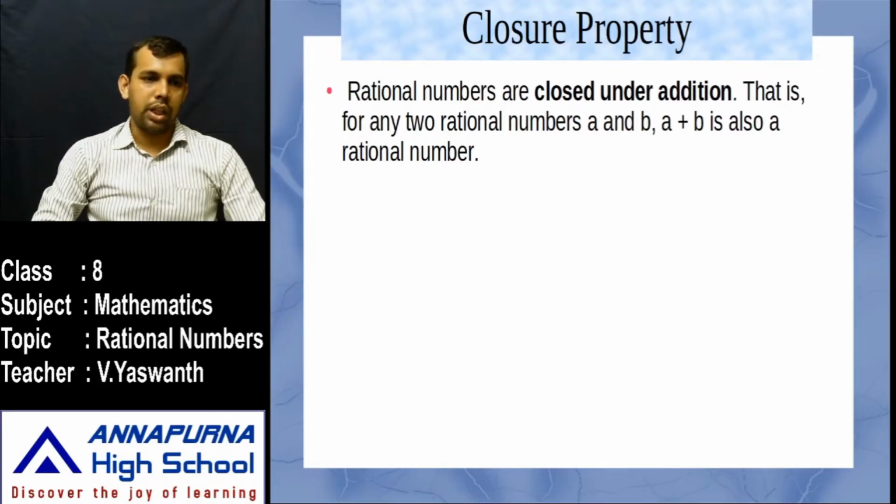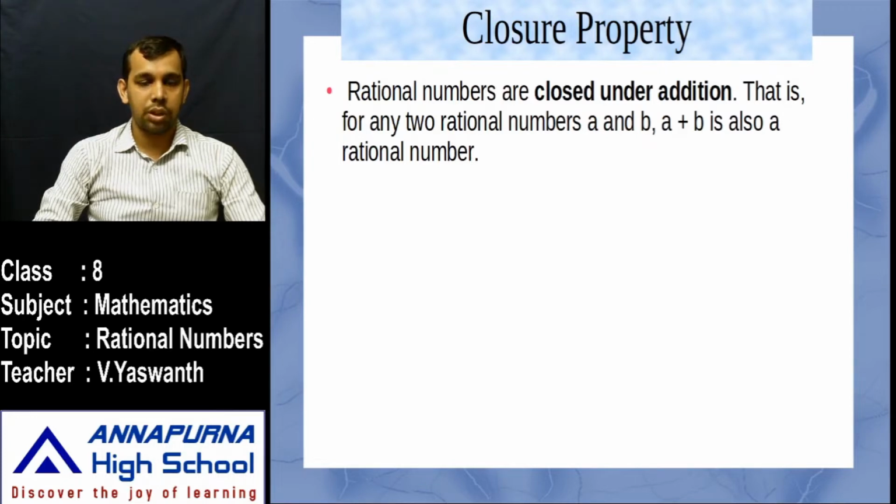That is, for any two rational numbers a and b, a plus b is also a rational number. When you take any two numbers and apply a fundamental operation between them, and you get a result in the same collection of numbers, then the closure property is satisfied.